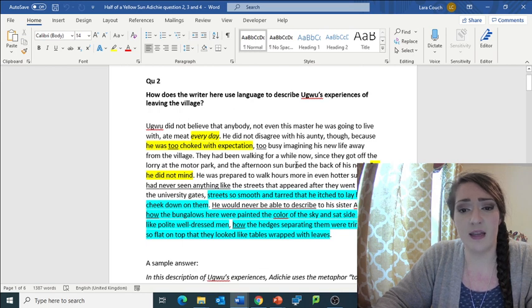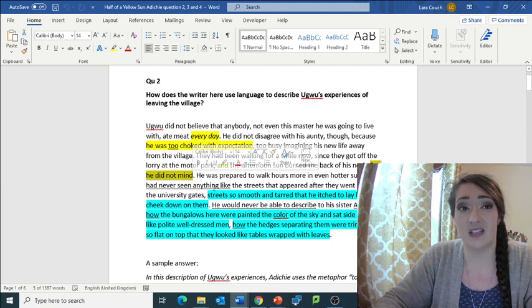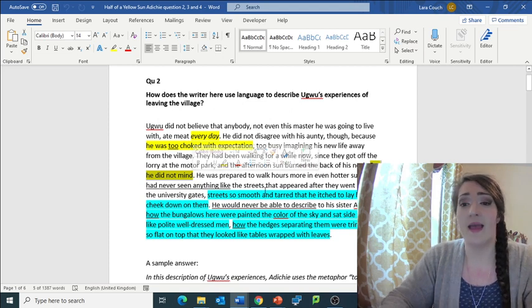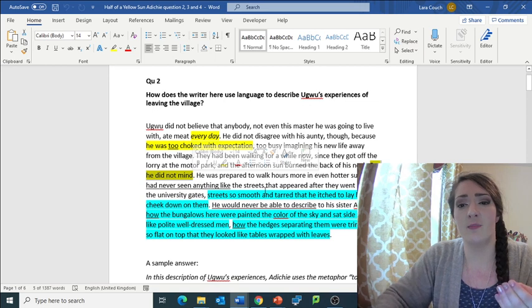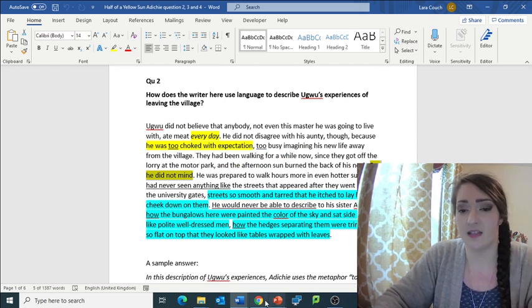We know the sun's burning him, so he might be feeling unwell, scared, or in pain, but this is a turning point in the text. We realise that he's actually excited to be here. He's overwhelmed. It's so busy, but it's in a positive way. So that simple sentence really changes it and flips the text for you.